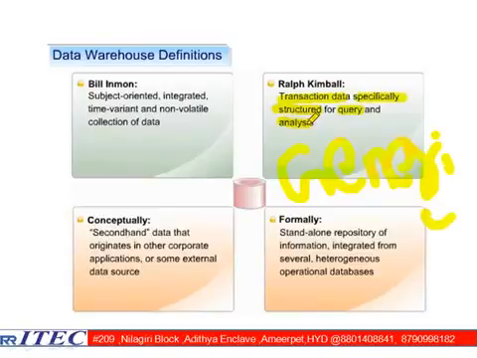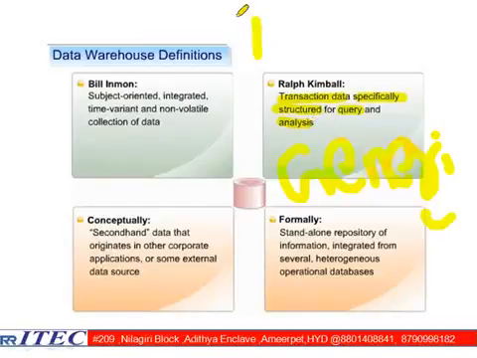A data warehouse means nothing, sir. Whatever transactional data you are regularly getting, that transactional data I am going to organize in such a way that it is useful for what, sir? Answering the questions. Second, useful for analysis purposes. Like that we are going to organize it.